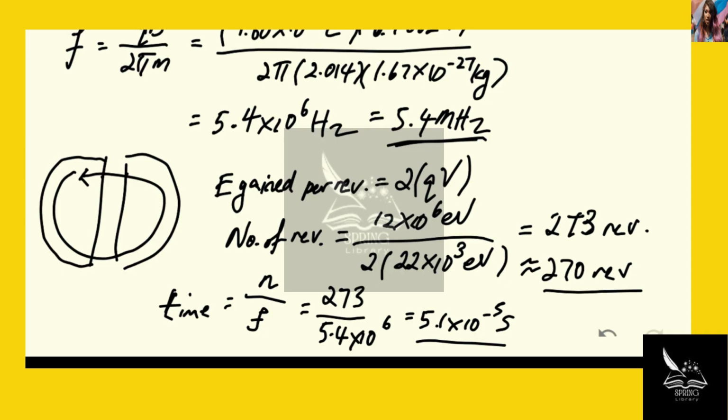And to estimate its traveling distance, we're going to use the radius and the circumference basically to find the circumference of our cyclotron.